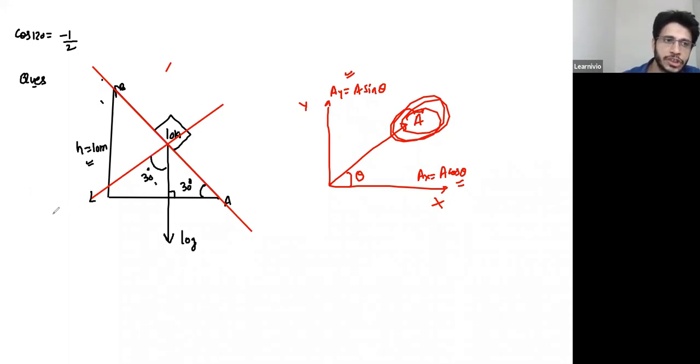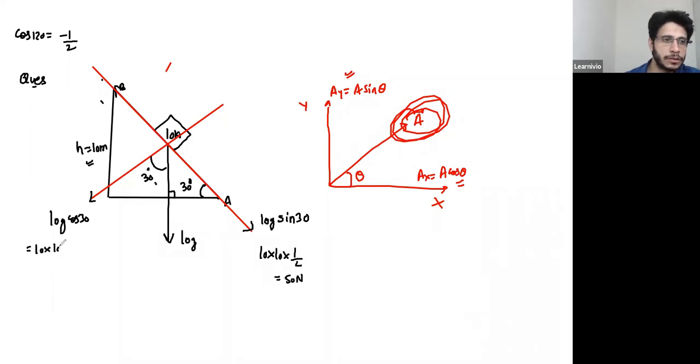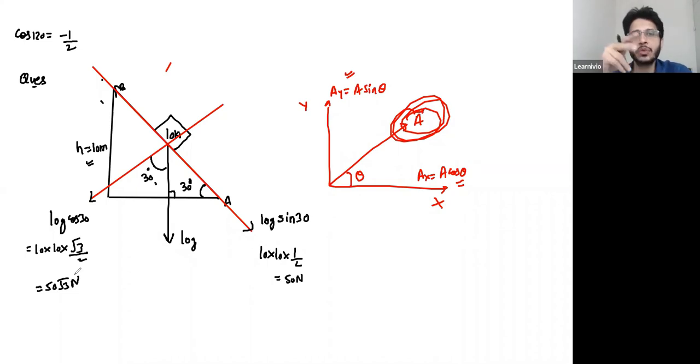So along this direction, the component is 10g cos 30, and along the inclined plane, it is 10g sin 30. 10g is 10 into 10, sin 30 is half, so it comes out to be 50. And 10 into 10 cos 30, with cos 30 being root 3 by 2, is 50 root 3.